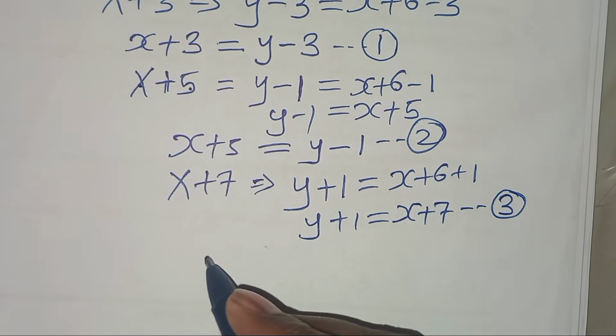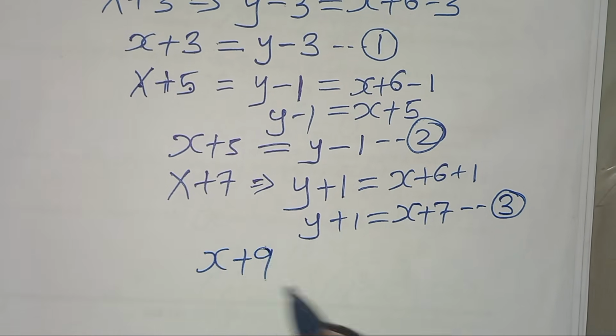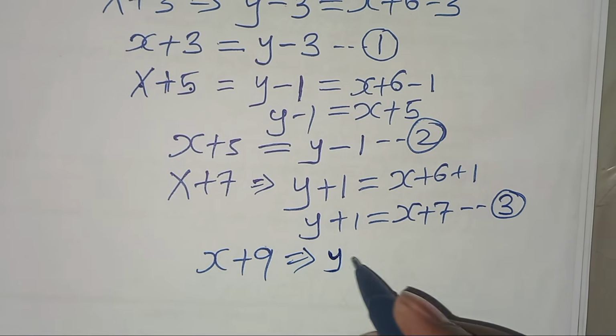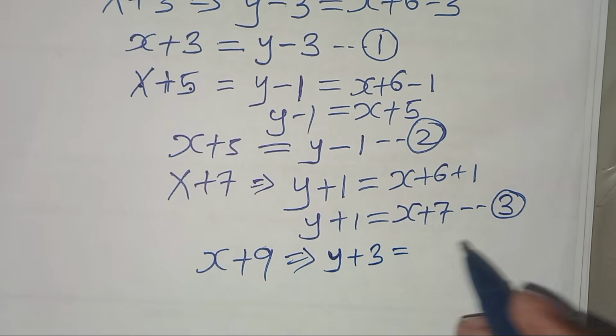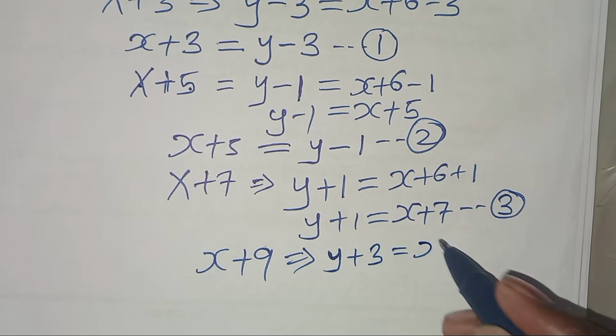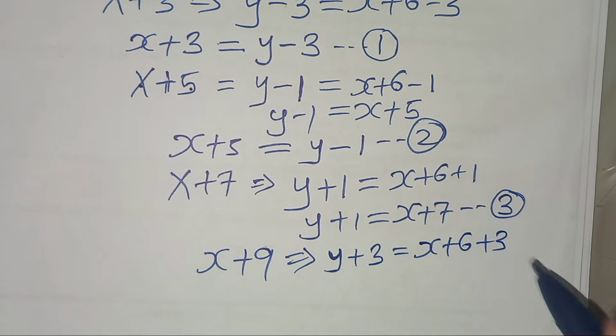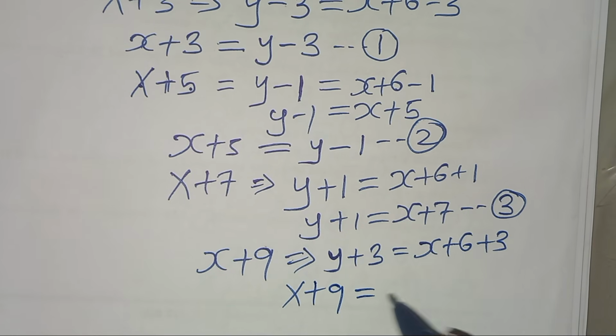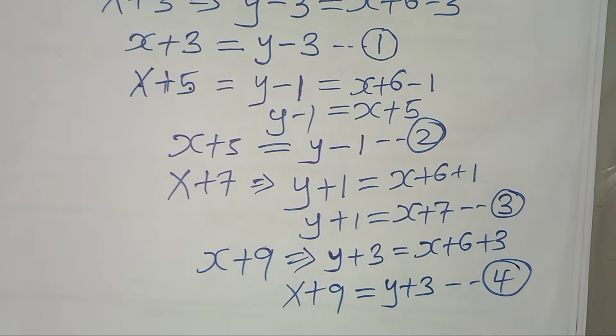Now we have also x plus 9. This can be expressed in terms of variable y as y plus 3, simply because we have x plus 6, so we add 3 on both sides. So x plus 9 is the same thing as y plus 3, and let's call this equation 4.